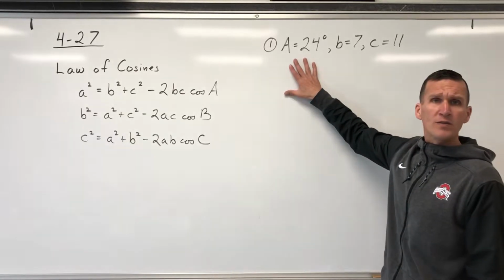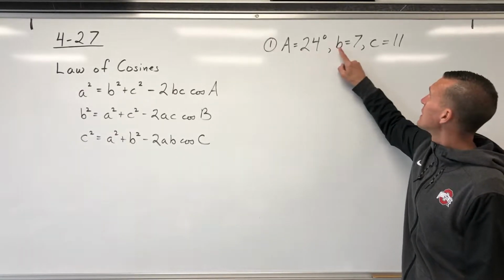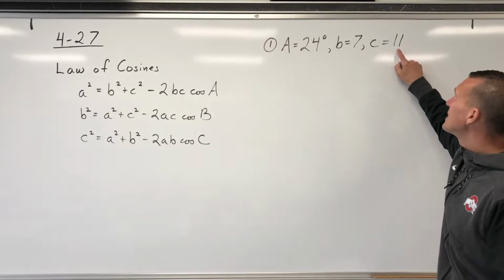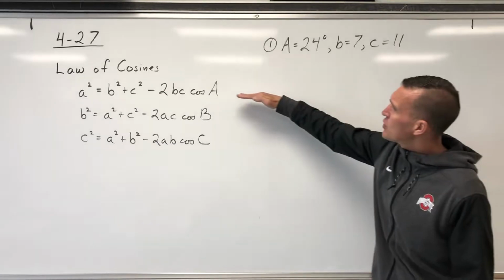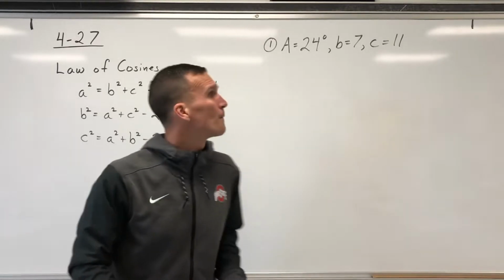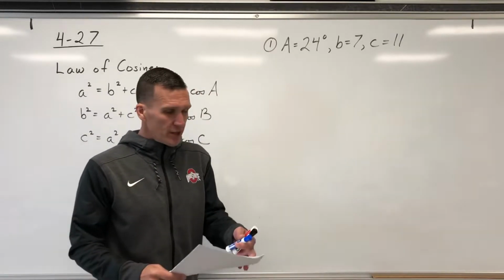Here's our first example, using the law of cosines again today. Capital A is 24 degrees, little b or side B is 7, and little c or side C is 11. The first thing you're going to do tonight on your homework is choose which formula to use. What's going to be a dead giveaway is what we're going to find.